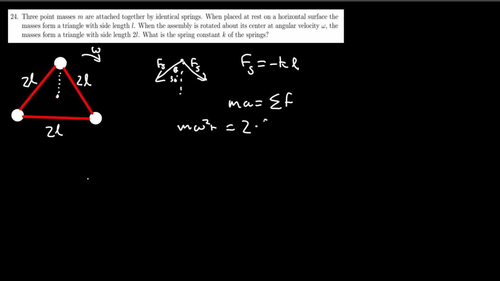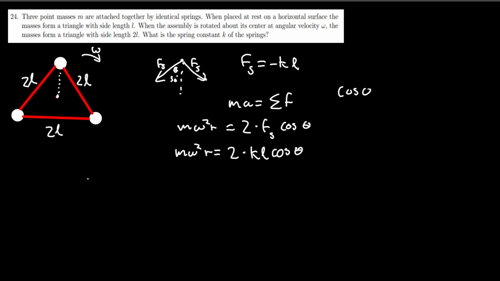So 2 times Fs cosine of theta, right? And m omega squared r is equal to 2 times kL cosine of theta. I'm going to get rid of the negative sign here because these forces are acting in the exact same direction as the acceleration.